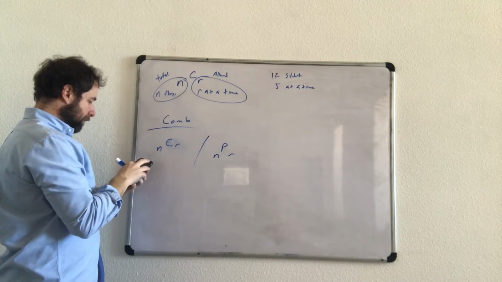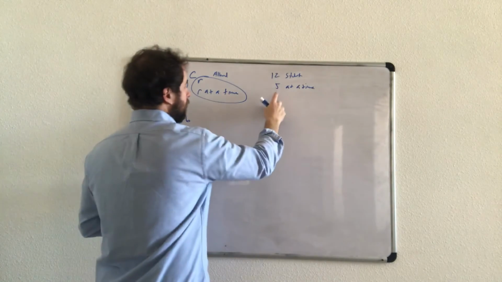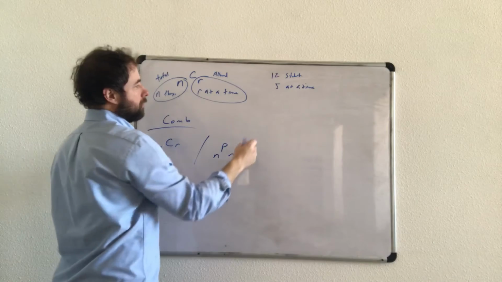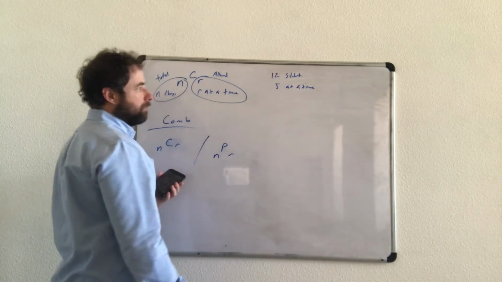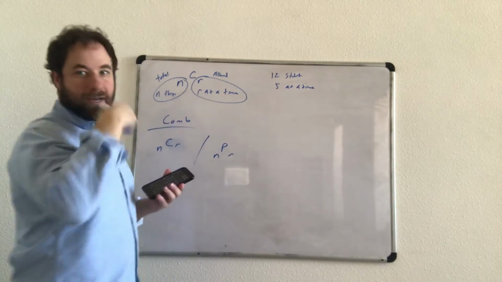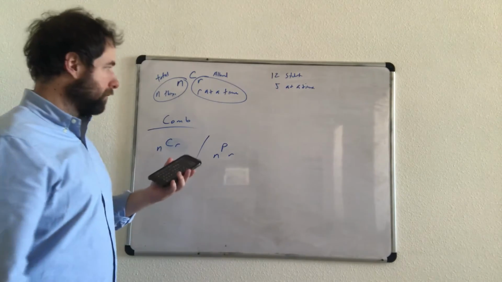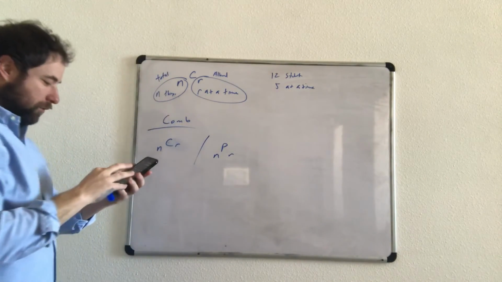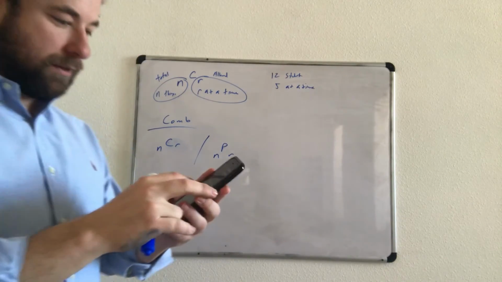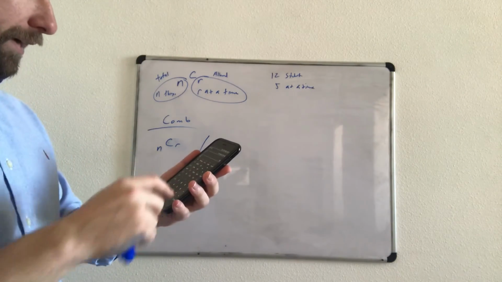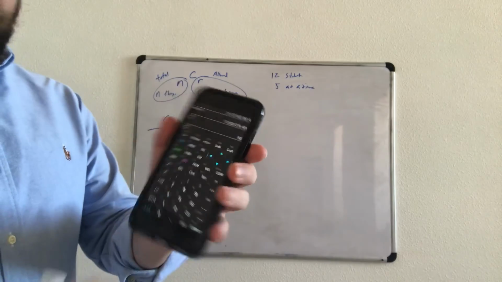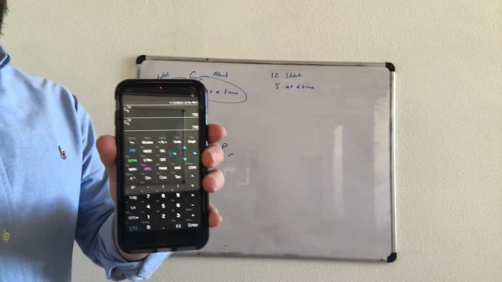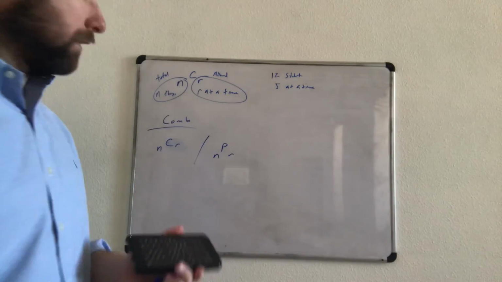So they give us a problem like, they say there's 12 students, but you can only take 5 at a time. What is the number of combinations with those numbers? Okay, well 12 is the total, so the n. So you put 12 in for the n, and you put 5 in for the r, and when you hit enter, you get 792.